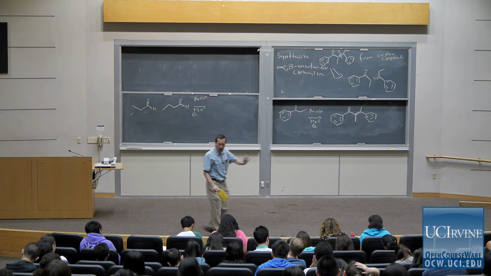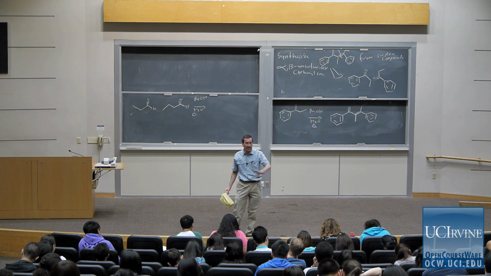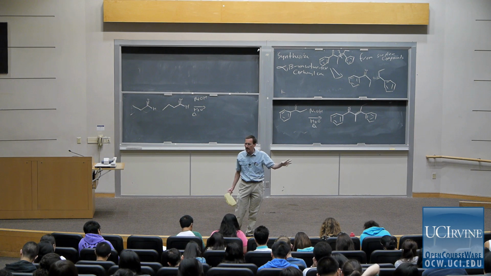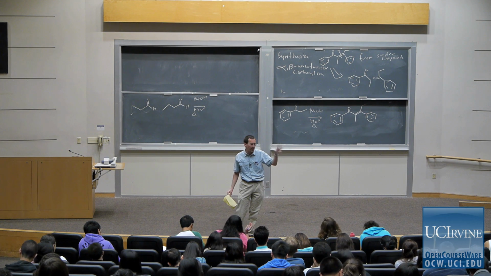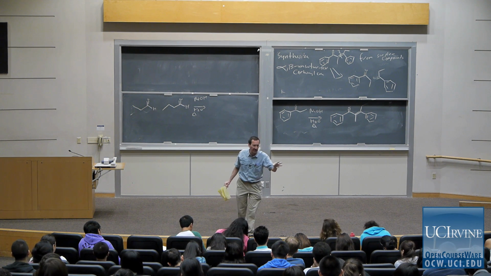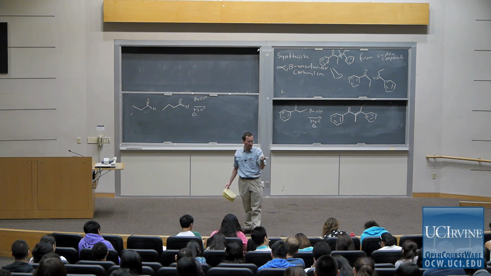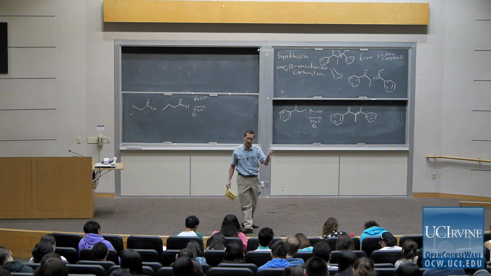Even if, under these conditions, I didn't get any beta hydroxycarbonyl and all of my beta hydroxycarbonyl compound went to alpha beta unsaturated carbonyl, I'd have 4 different alpha beta unsaturated carbonyl compounds.